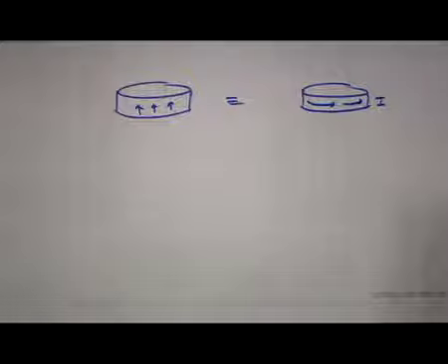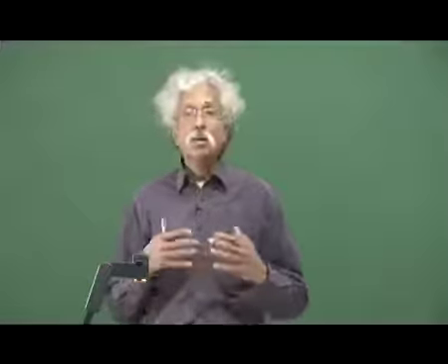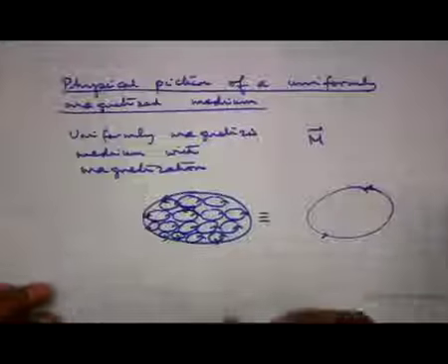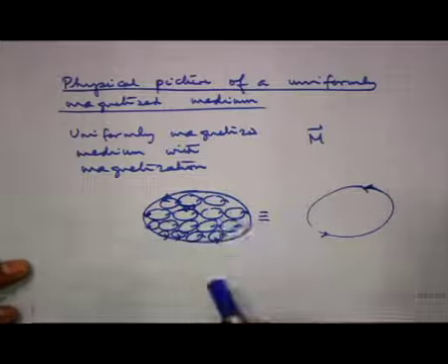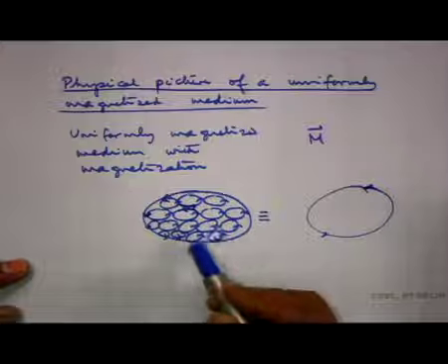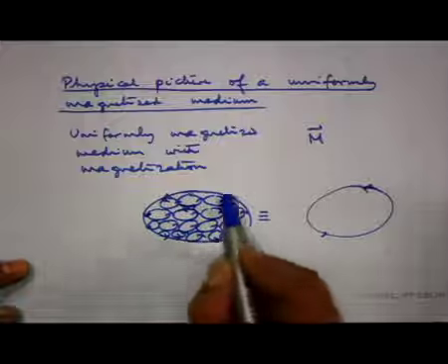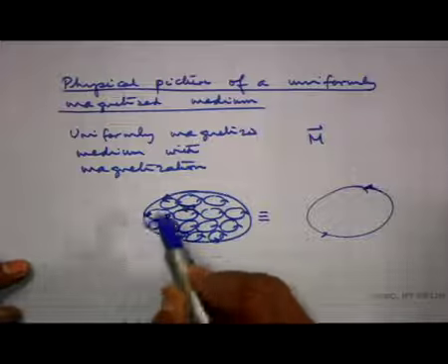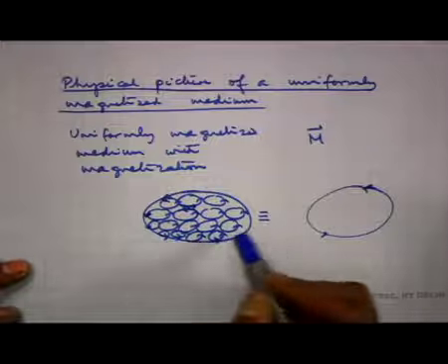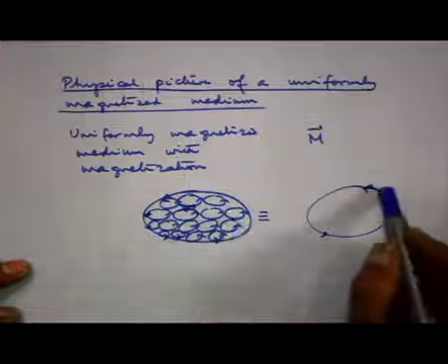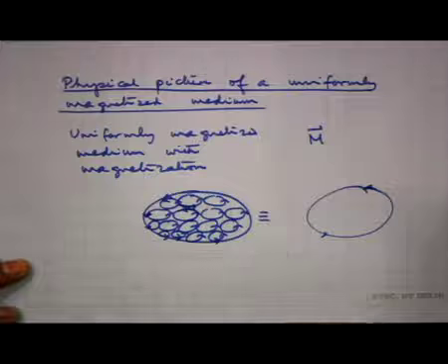Please remember, this is not an actual current which is flowing, this is not a conduction current, these are bound currents, these are currents generated by the bound electrons in the atom. So, let me recall here, these are currents generated within the medium by the atoms. It is not that one single electron is flowing like this or in the other direction, it is made up of tiny currents, and the net effect is to have a current on the surface of the sample.